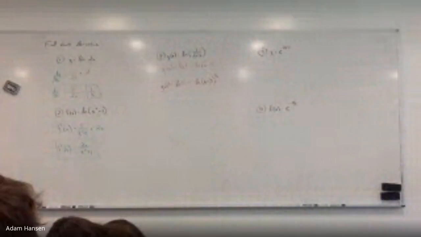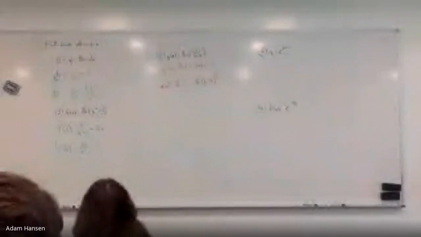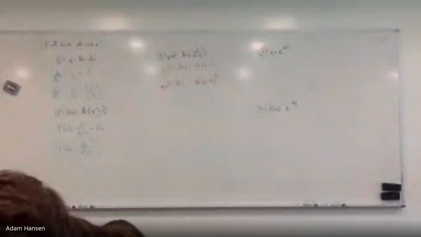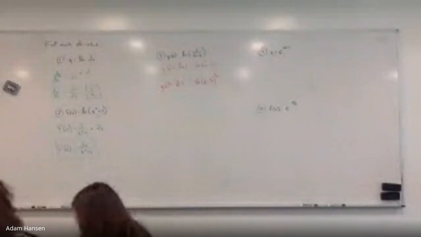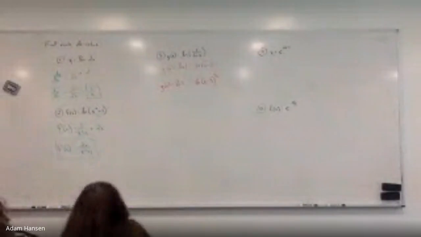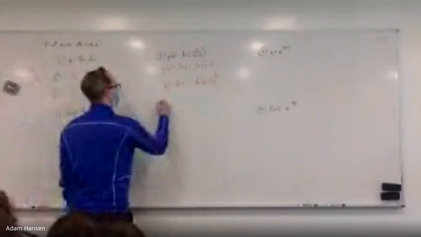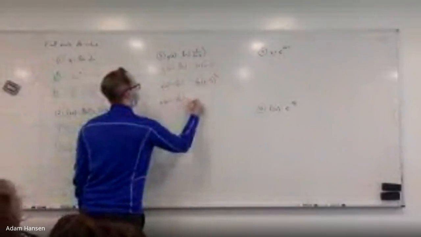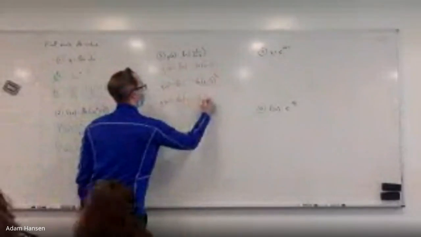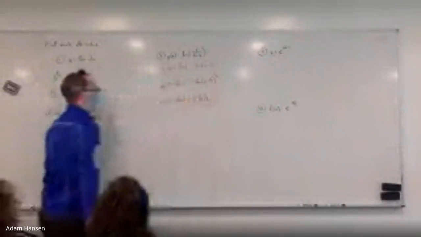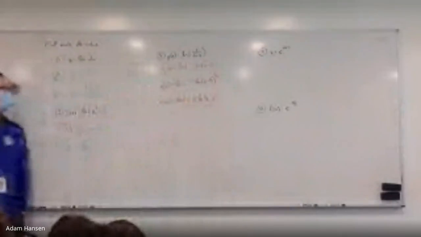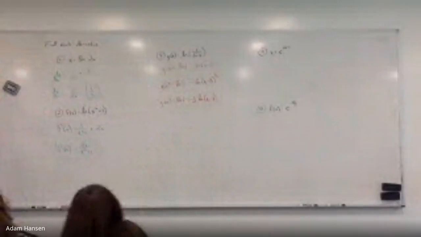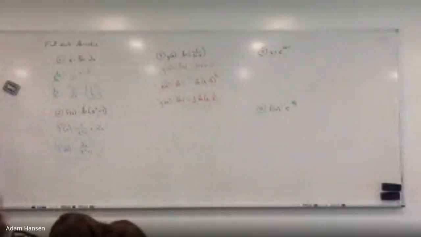The natural log of some base to a power, that power can go out to the front. Much easier derivative now. It's worth our time, trust me, to do a little expanding before I take the derivative.